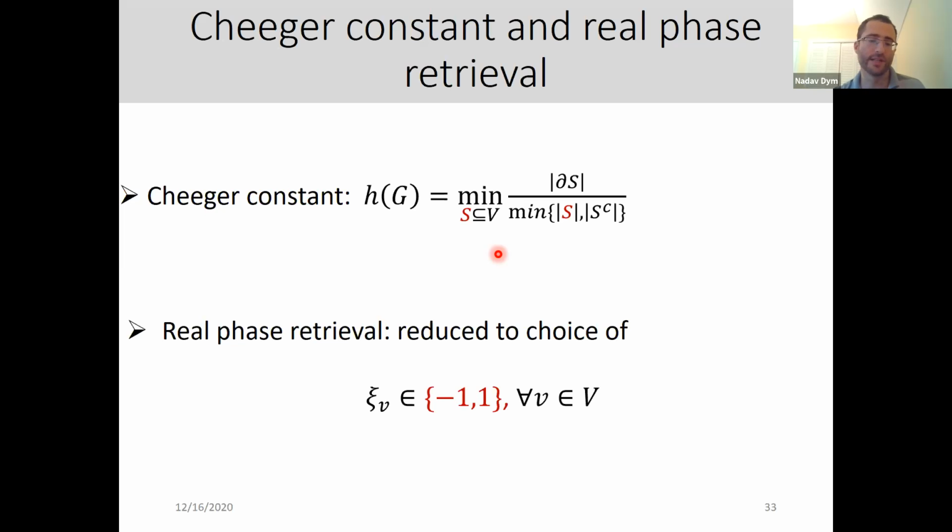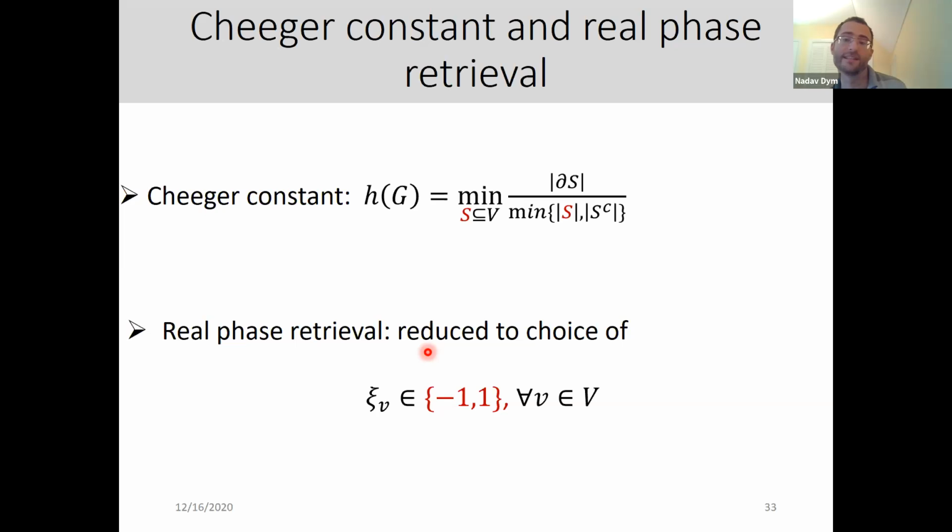Real phase retrieval in our formulation is saying, for every vertex, we're going to choose a phase which is -1 or 1, and that's basically what's left to do, right? Because we're assuming that on each vertex phase retrieval works, and we only need to synchronize. So you can see that there is a relationship, because every vector of this form corresponds to a partition over here. So the idea of the proof is to connect these things by applying Cauchy-Schwarz enough times and so on.